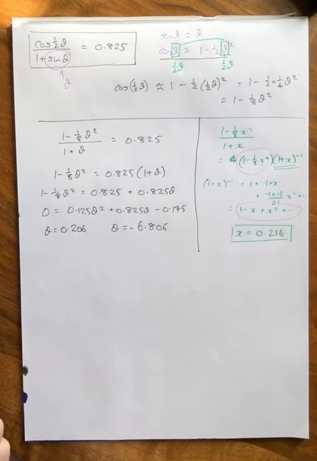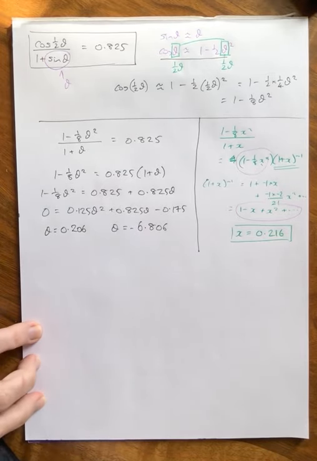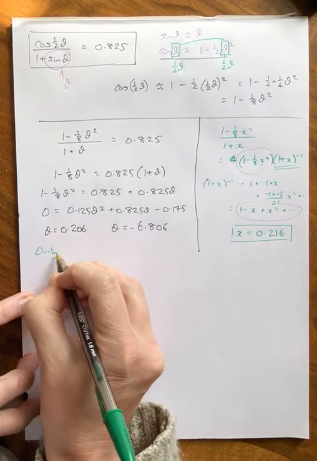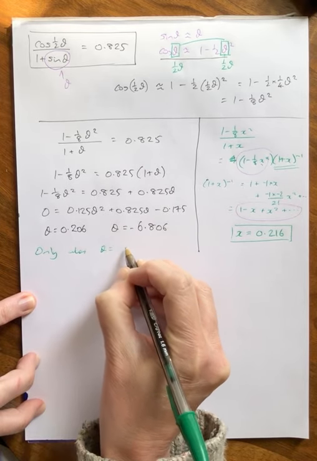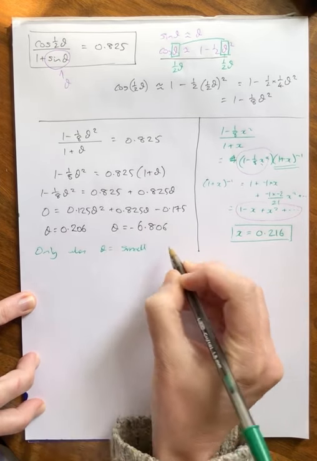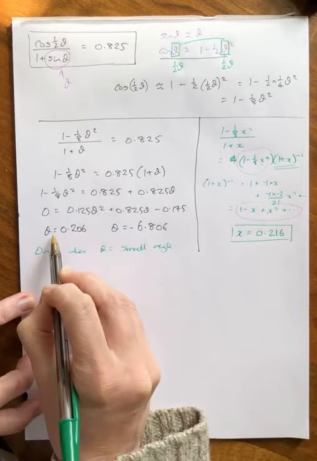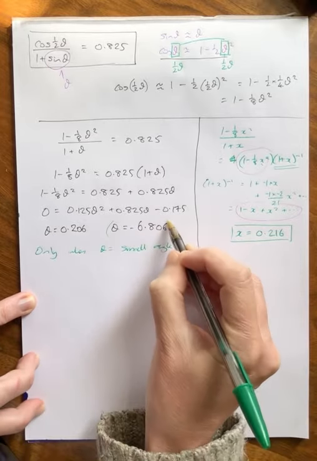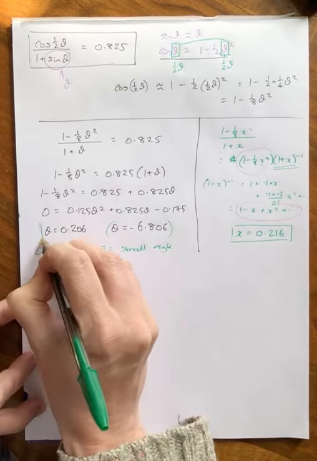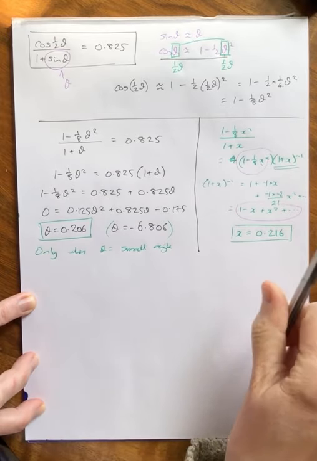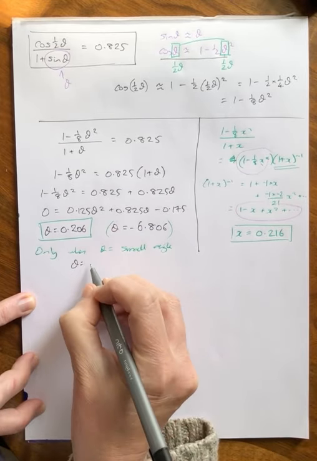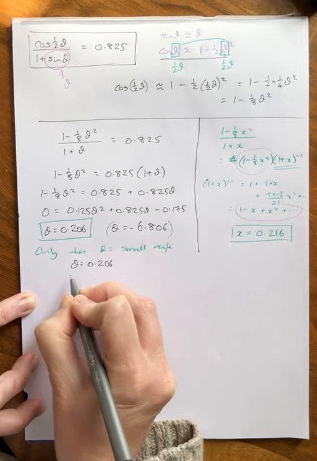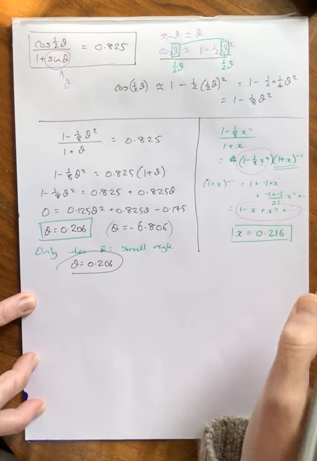Two answers for a quadratic, but of course our approximation only works when theta is a small angle. So even though theoretically we've got two solutions, the second isn't applicable. The one that we're dealing with is theta equals 0.206. You can see our two answers are very close.